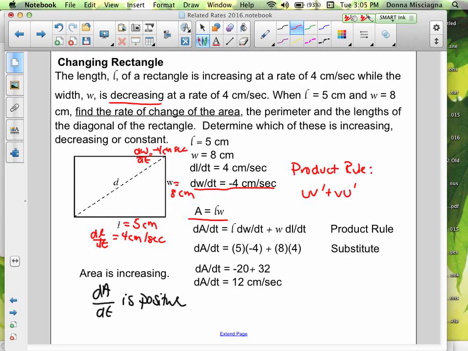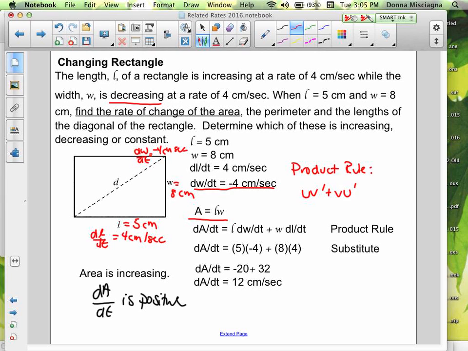All right, so dA/dt equals the first, L, times the derivative of W, which is dW/dt, plus the second, W, times the derivative of the first, which is dL/dt. All right, we already have what we're looking for isolated. We have our unknown, dA/dt, isolated.